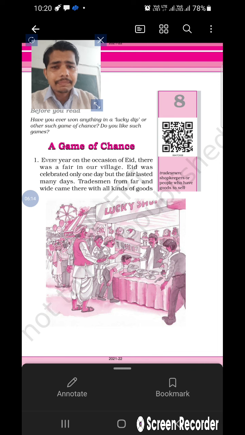Every year, paragraph number 1, I am starting. Every year on the occasion of Eid, there was a fair in our village. Every year, each and every particular year, means not skipping a single year, as Diwali comes every year, Holi comes every year, Eid comes every year, Christmas comes every year, summer vacations come every year, winter vacations come every year.